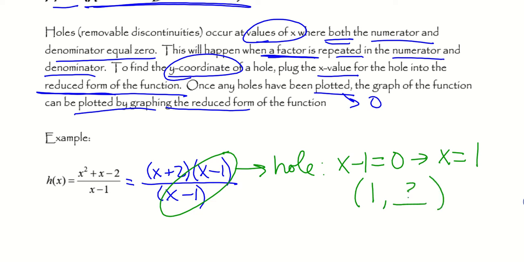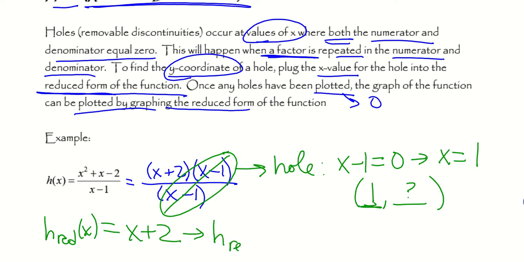To find the value of that y-coordinate, we're going to do the reduced form of h, which we get by dividing out this common factor, which gives us x plus 2. We're then going to plug in the x value where we have this hole, so we're going to plug 1 into the reduced form of h, which gives us 1 plus 2, which is 3.